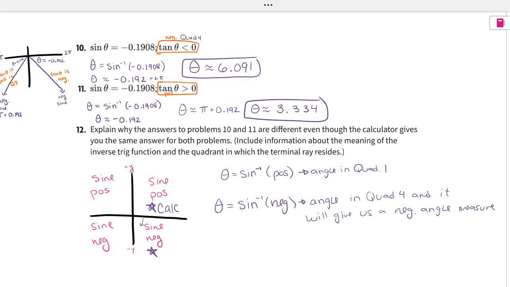So it's not going to give us a number like 5 or 6 radians. It's going to give us a number like negative 1 radians or negative point something radians, right? It wants to give us something as close to 0 as possible.